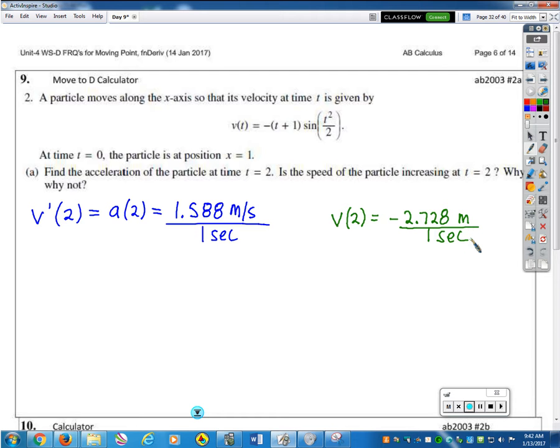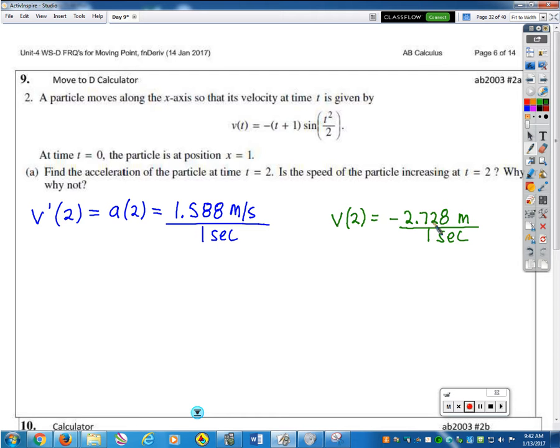I write it in this kind of awkward way because I want you to really clearly understand what velocity means. The velocity means that in 1 second, based on this rate, the position would be negative 2.7 meters more negative than the position currently is.